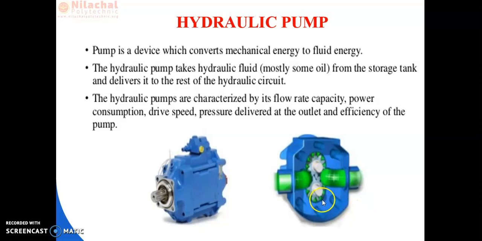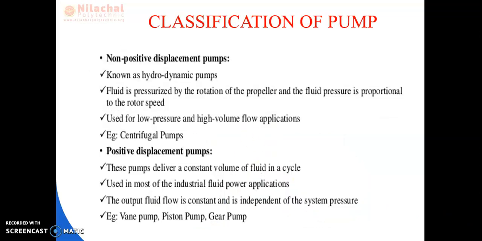These are two figures of a typical hydraulic pump. Basically there are two types of pump: positive displacement pumps and non-positive displacement pumps. In a positive displacement pump, the discharge of liquid is constant in a cycle.